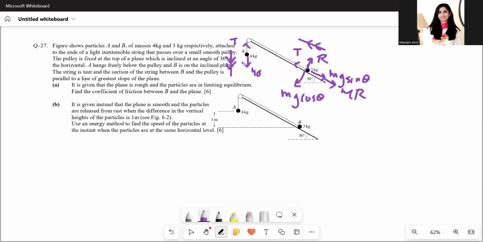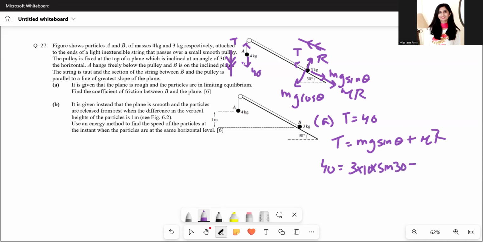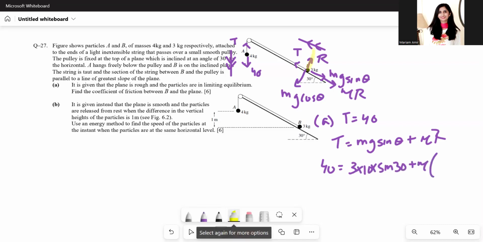Okay, so for part A, the equation at particle A would be T equals 40 because the system is in equilibrium. And the equation at particle B is going to be T equals mg sine theta plus mu R. T is 40, equals m is 3 times 10 times sine 30 plus mu, which is what we have to find, and R is the force opposite to mg cos theta, so they're equal, mg cos 30.